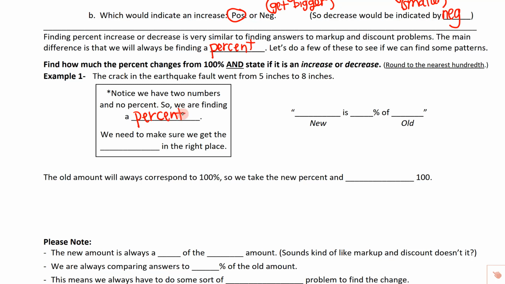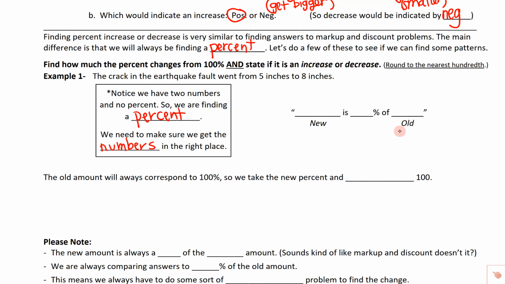We just need to make sure we get the other numbers in the correct place or we're going to get the wrong answer. So this is the same thing we've used before: blank is blank percent of blank, and we need to make sure the new number goes first and the old or original goes in that last blank.